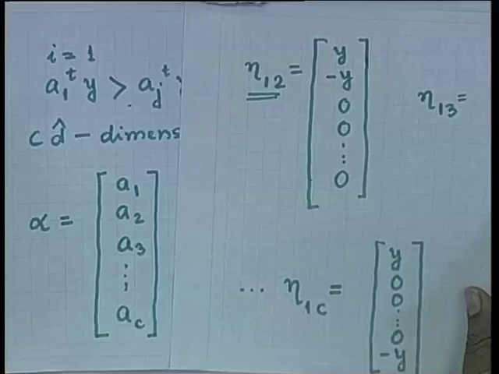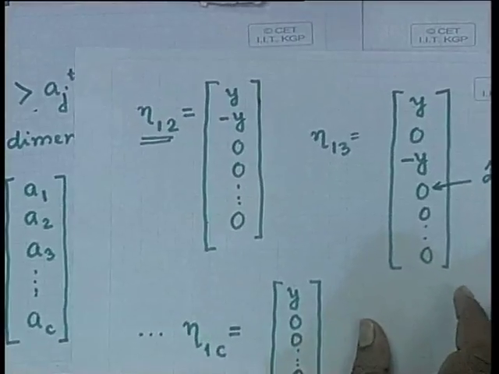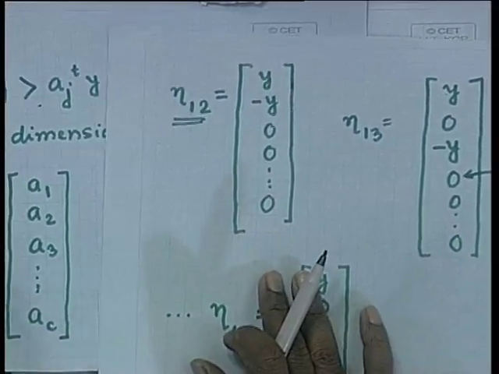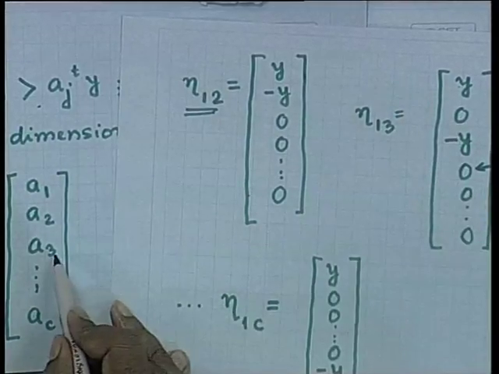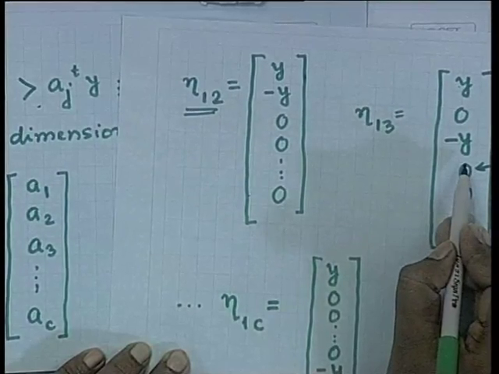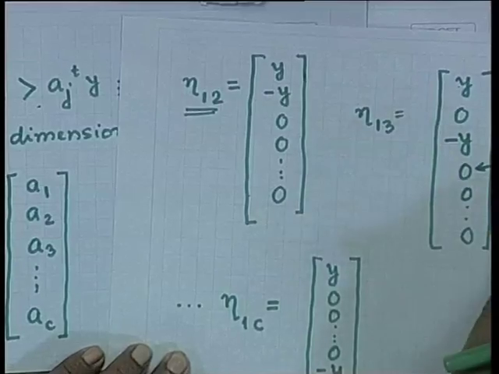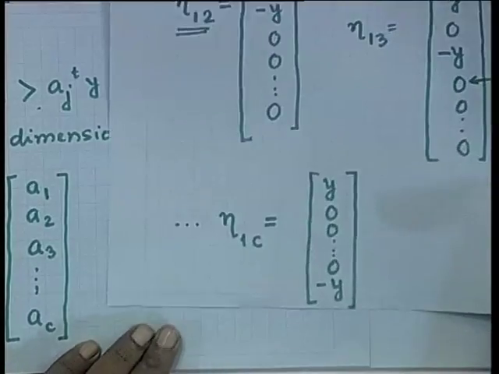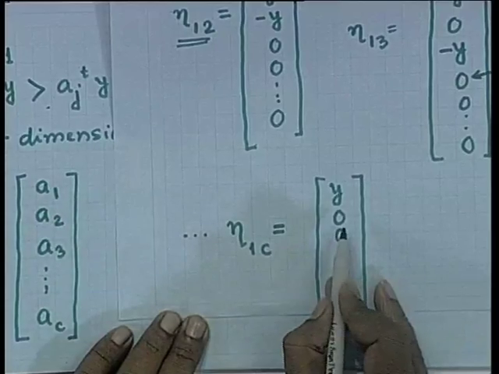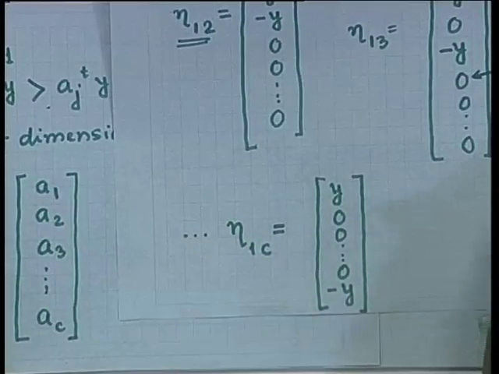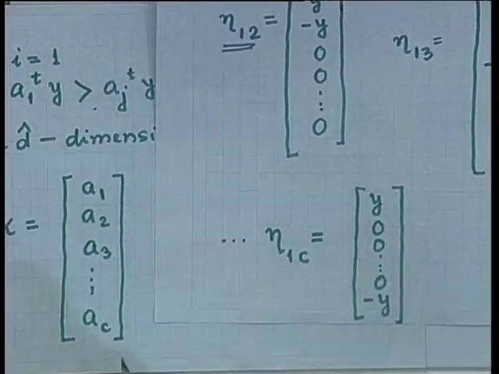Similarly, alpha transpose eta 1 3 will be simply a 1 transpose y minus a 3 transpose y. Is that okay? Similarly, alpha transpose eta 1 c will be simply a 1 transpose y minus a c transpose y.